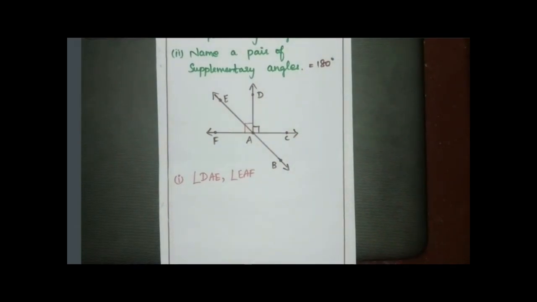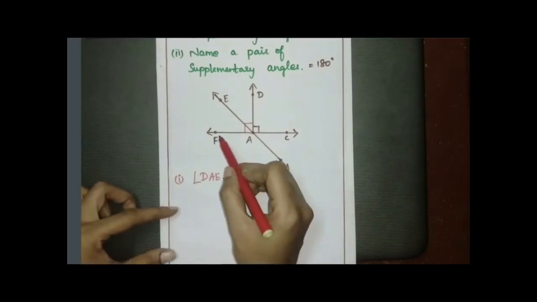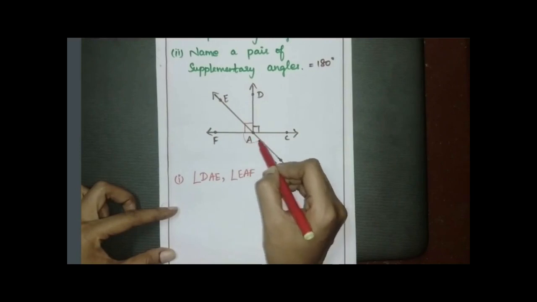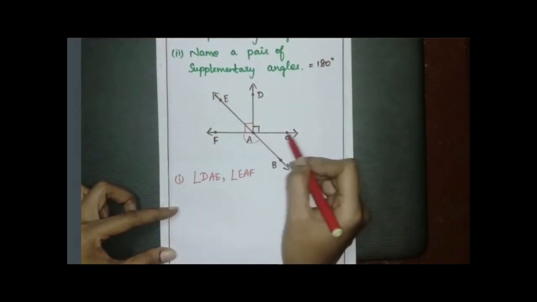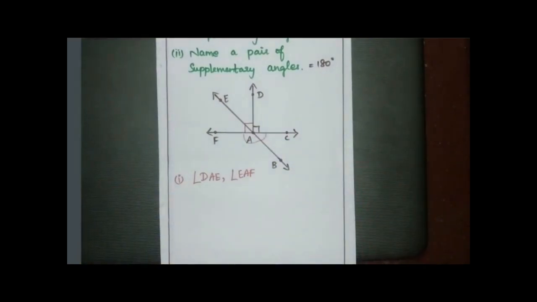Next one, supplementary. Supplementary means if we add two angles, they add up to 180, then we call that pair supplementary angles. Look at the picture and tell me the answer. Yes, very good. Here FAB angle and BAC angle will add up to 180 degree.